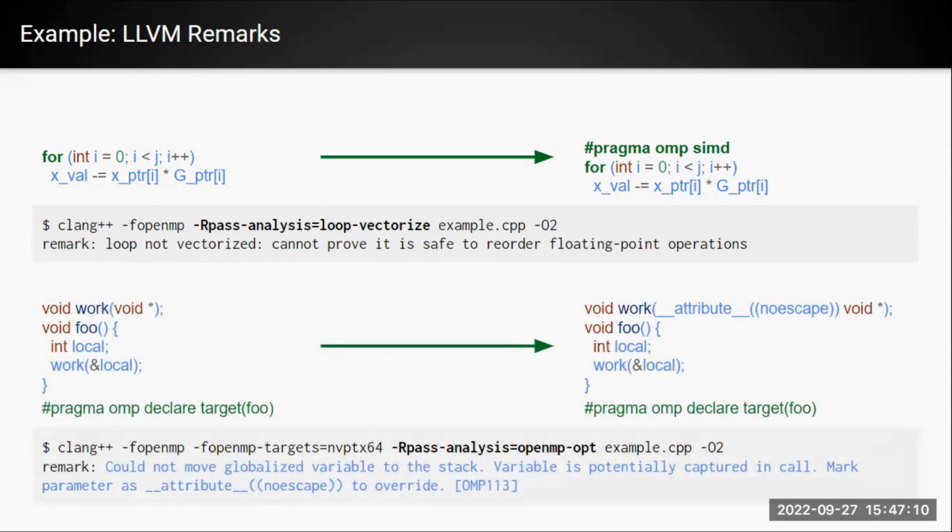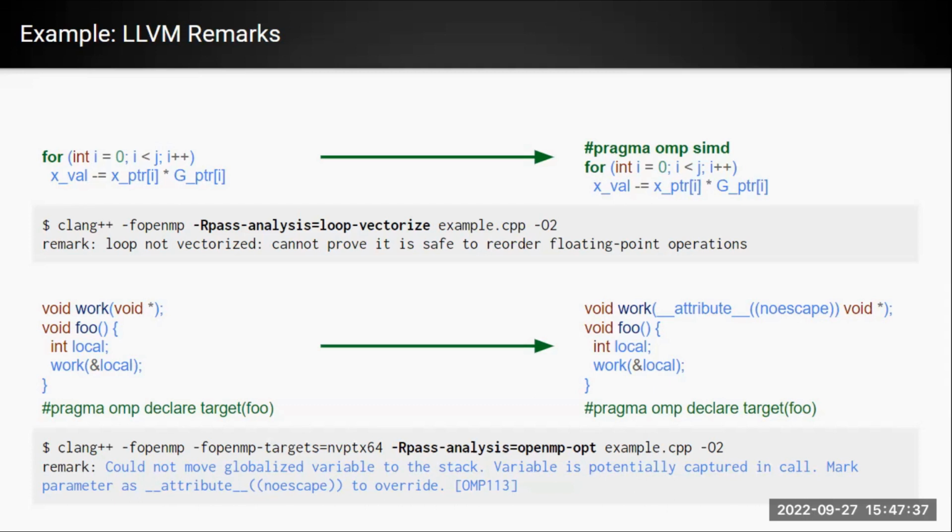And then here we have a local variable again, and the address of the local variable is taken and put into some outside function. So now we don't know if that local variable is accessed by other threads, so we have to globalize it. And if this is all we see as a compiler on the left side, we can't undo globalization.